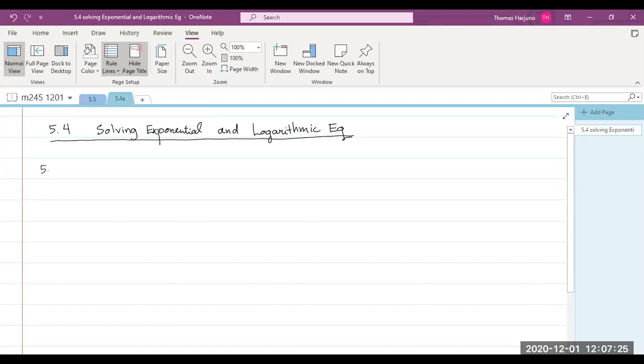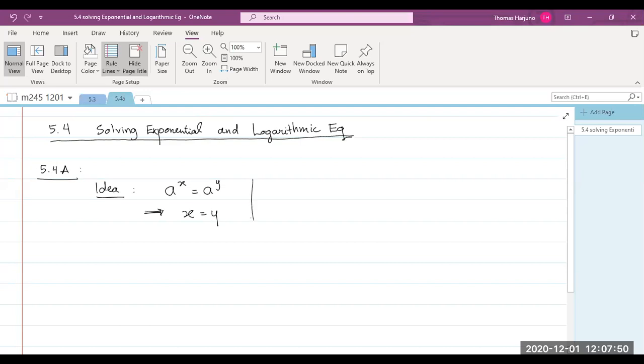Okay, so 5.4, the idea. To solve an exponential equation, if I can rewrite a to the x equals a to the y, then by one-to-oneness of exponential functions, x equals y.